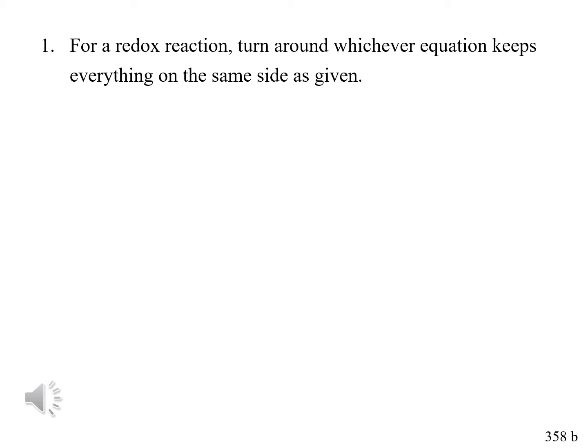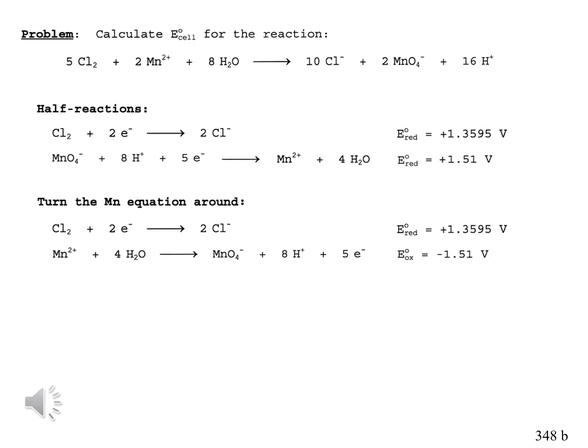Number 1 is that if you're given a redox reaction, the something plus something equals something plus something, you're going to turn around whichever half reaction keeps everything on the same side I gave it. So, for example, in this reaction from last time, the MnO4 is on the wrong side in the half reaction from the table, so that's the one you have to turn around.